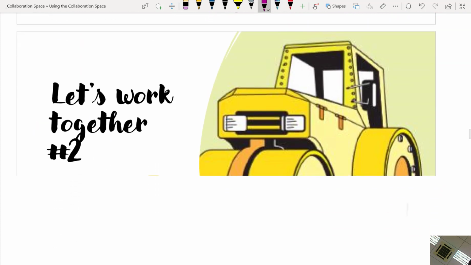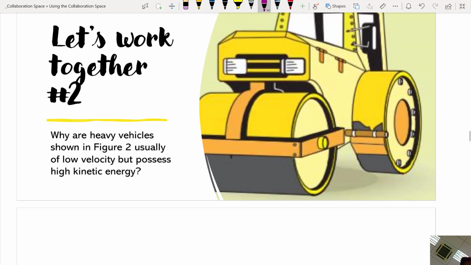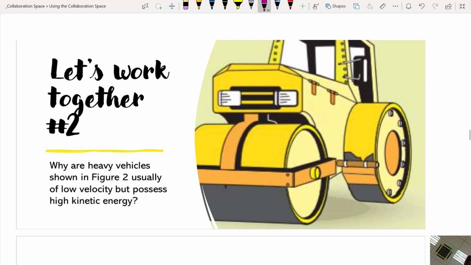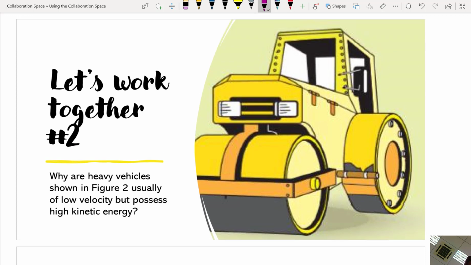Now question number 2. Why are heavy vehicles shown in figure 2 usually of low velocity but possess high kinetic energy? You have seen this on the road, right? It moves very slow. So the formula of kinetic energy equals to half mv squared.